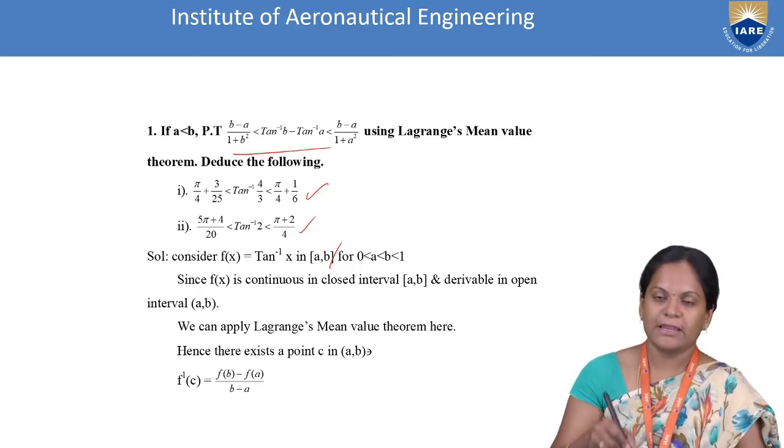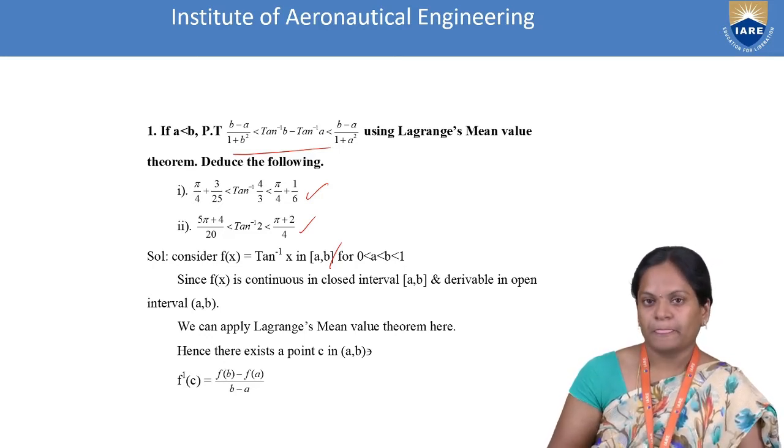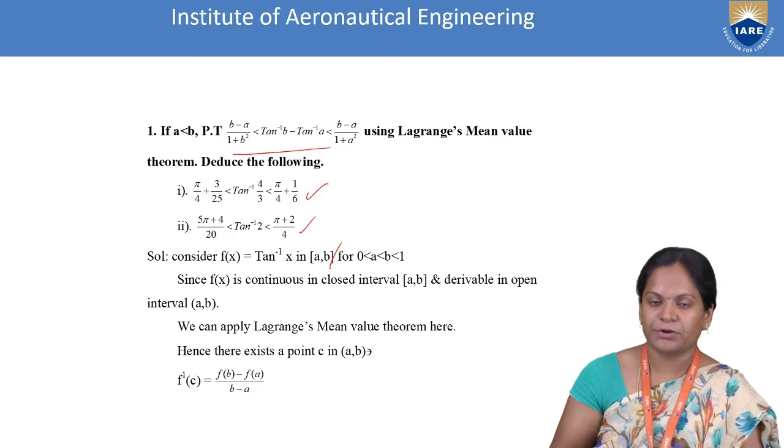So substituting any point between 0 and 1, we get a finite limit. There is no negative point, so f of x equal to tan inverse of x is continuous in the closed interval a comma b.